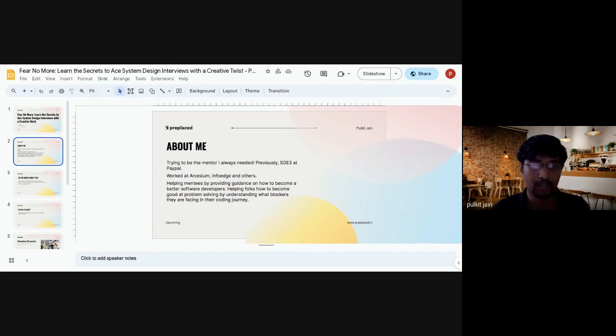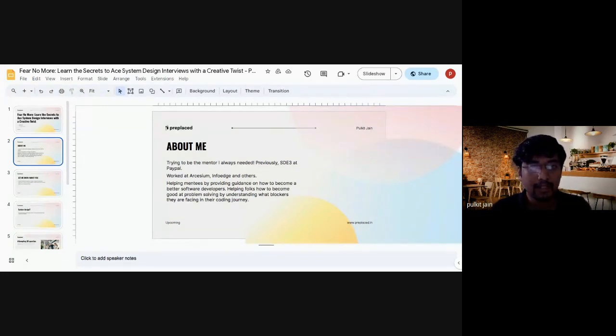You might have heard of Naukri.com, maybe. There I worked at the Jeevansathi vertical, and at most of the companies where I have worked, my role has been of a backend developer, and I have worked on the scalability and the design aspects of things, and that's my core expertise.